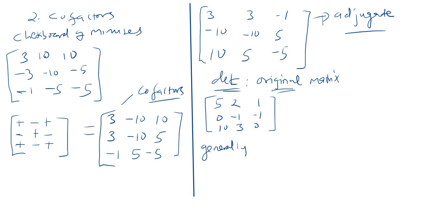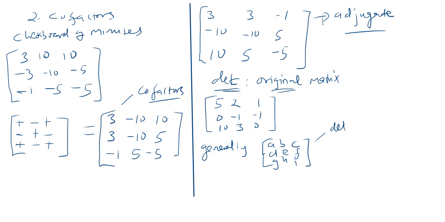When we have a 3 by 3 matrix of elements A, B, C, D, E, F, G, H, I, and we want to find its determinant, what we normally do is consider the first row only.